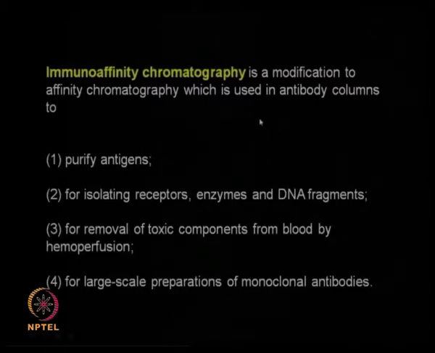There is another type of chromatography called immunoaffinity chromatography. This is a modification of affinity chromatography. It is used generally in antibody columns. It is used if you want to purify antigens, isolate receptors, enzymes and DNA fragments, remove toxic components from blood, which is called hemoperfusion, or do large scale preparation of monoclonal antibodies.